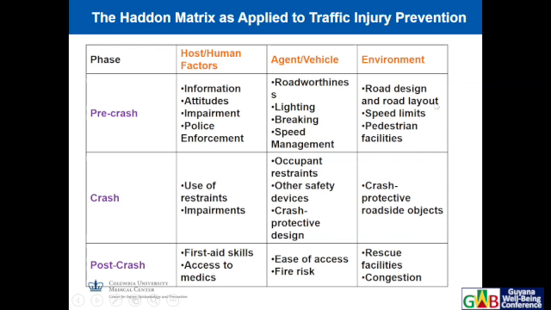And in road design and road layout, speed limits, and pedestrian facilities and so on, that's the pre-crash environment, and it has also made a difference in bringing down the morbidity and mortality from motor vehicle crashes.